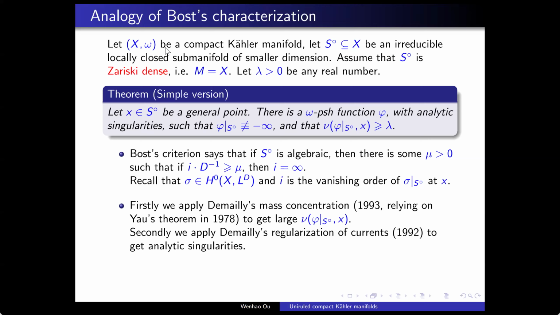Let (X, omega) be a Campana-Păun manifold, and let S_0 be a locally closed irreducible submanifold of smaller dimension. I assume that S_0 is Zariski dense, which means that the Zariski closure M of S_0 is equal to X, so dimension M becomes the largest possible.